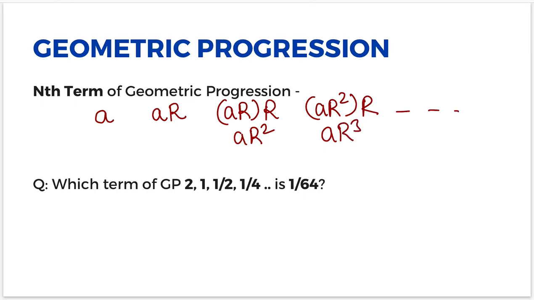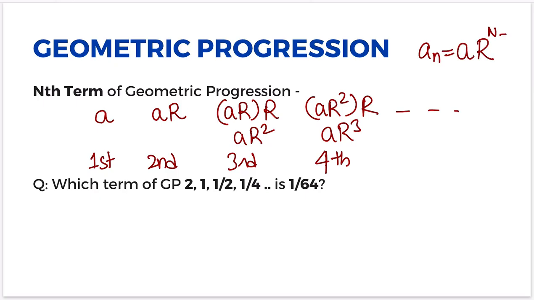If you see, similar to arithmetic progression, for the second term the power of R is 1 less than that, for the third term the power of R is 1 less than that, for the fourth term the power of R is 1 less than that. So we can say the nth term of the series is A into R with the power 1 less than n, correct?